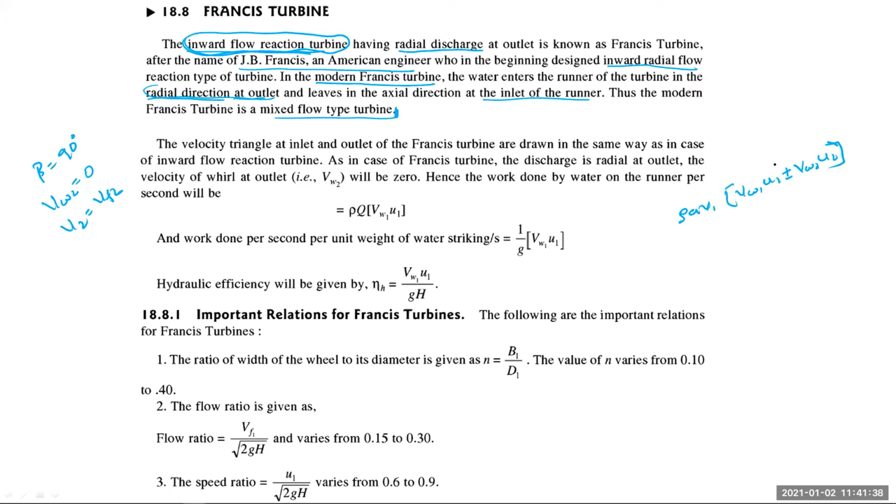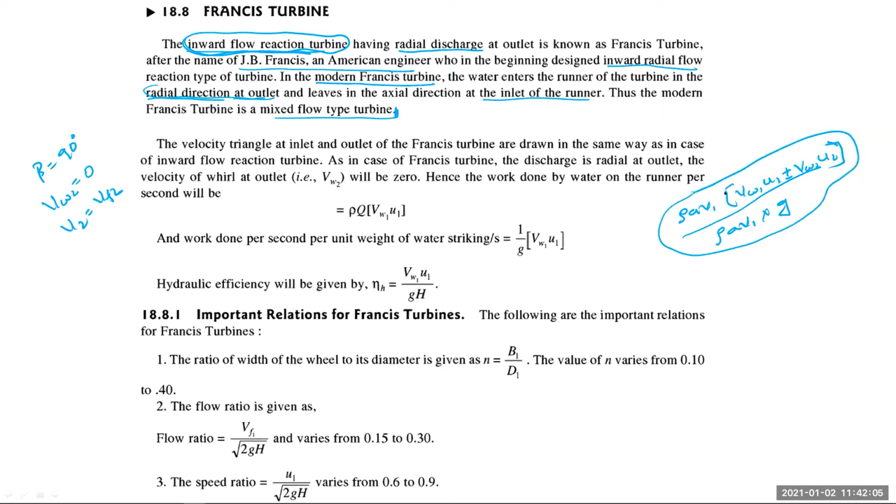Here, when we divide per unit weight, weight is nothing but mass into acceleration. What is mass? Rho A V1 into g. So this is your work done per unit weight of water per second. This is the general formula I have written.